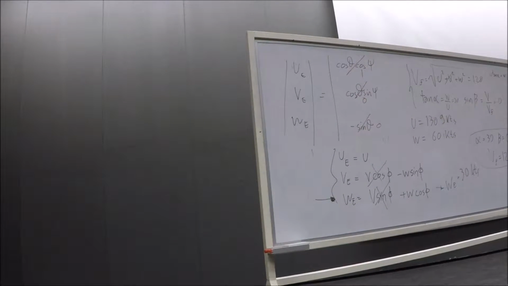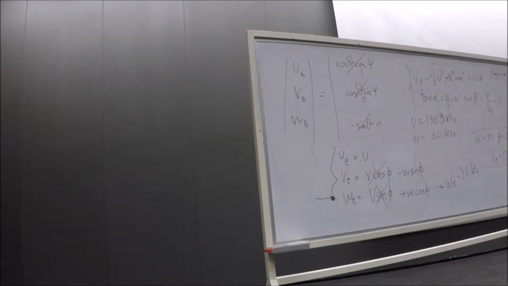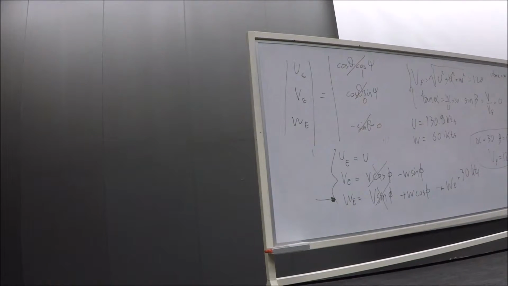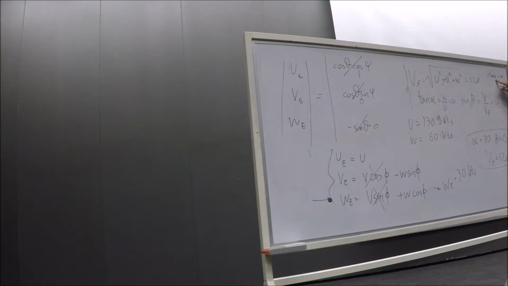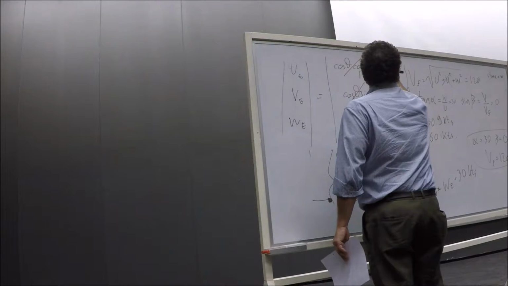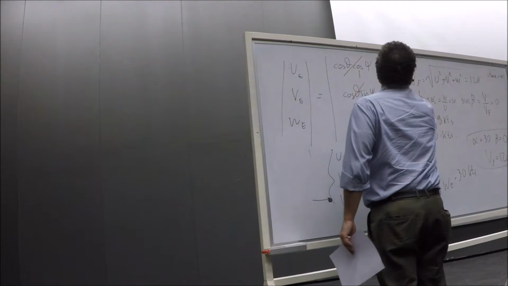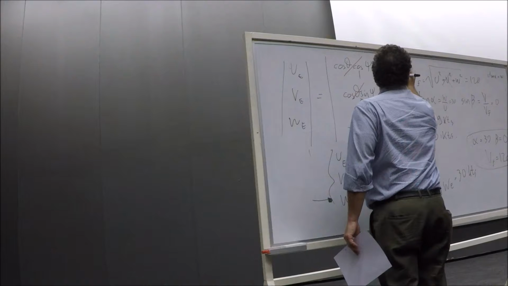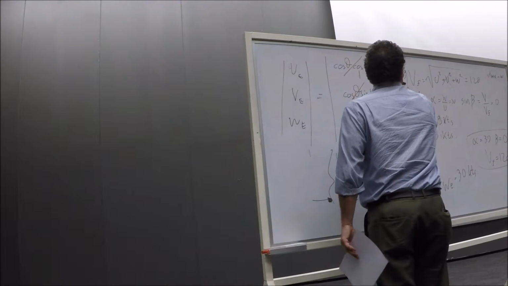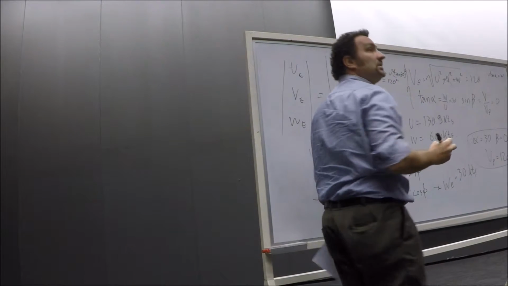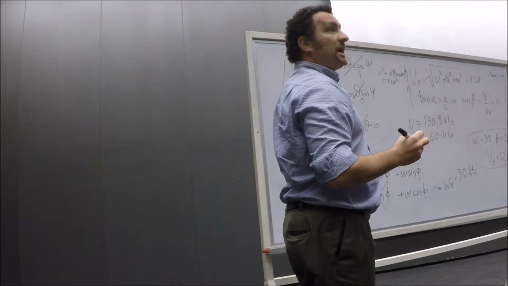No? Yes, so tan 30 times U. That's a number. So this equation here becomes U squared plus U squared tan 30 squared.